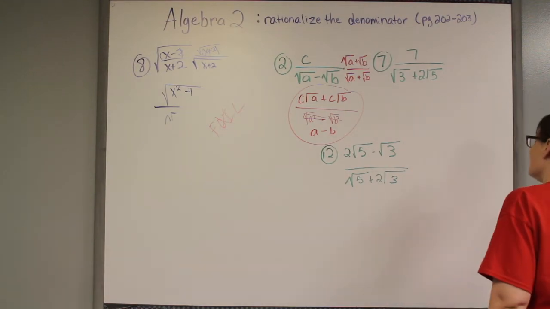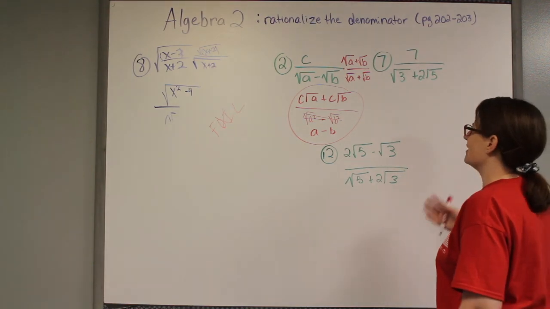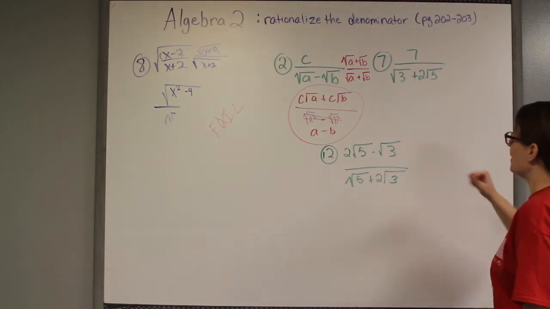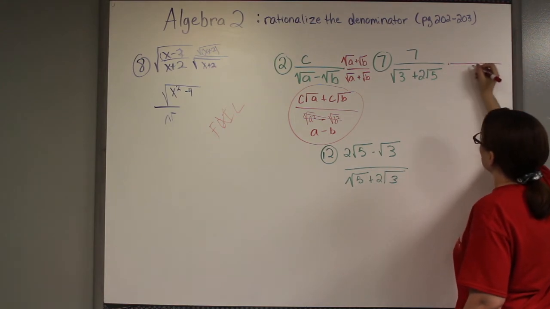But here's another one, and now we have a number on the outside which changes it just a little bit. But still, when I multiply by the conjugate, whatever I do on the top, I do on the bottom.